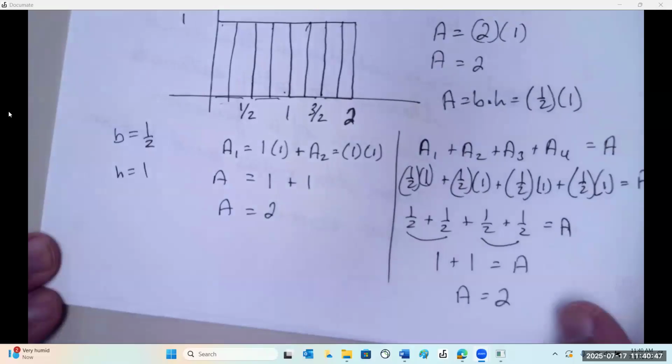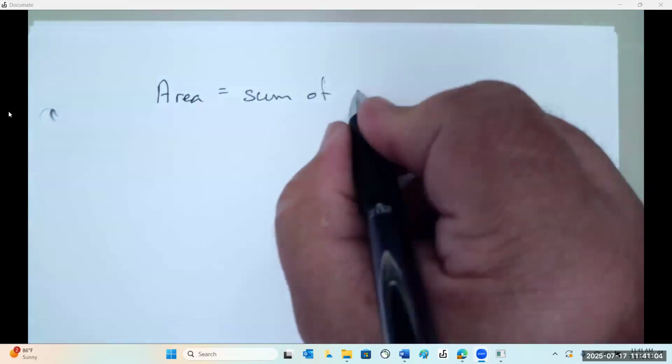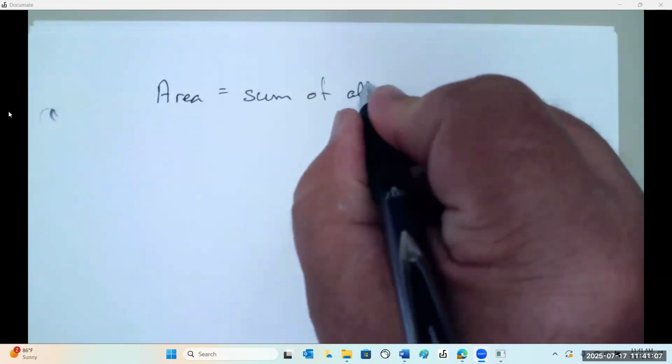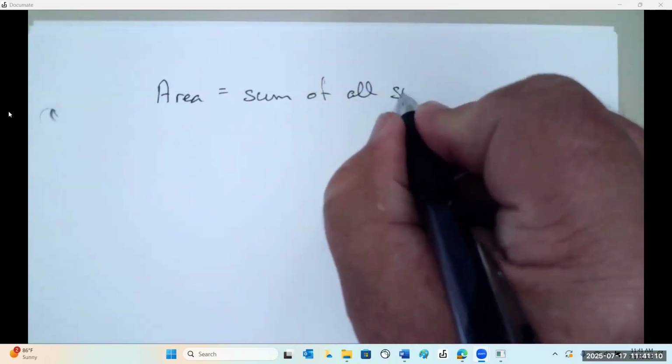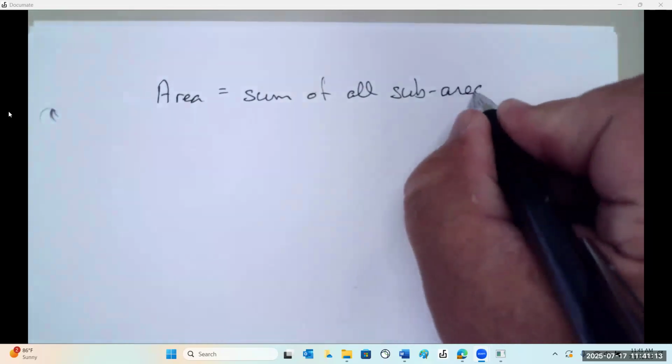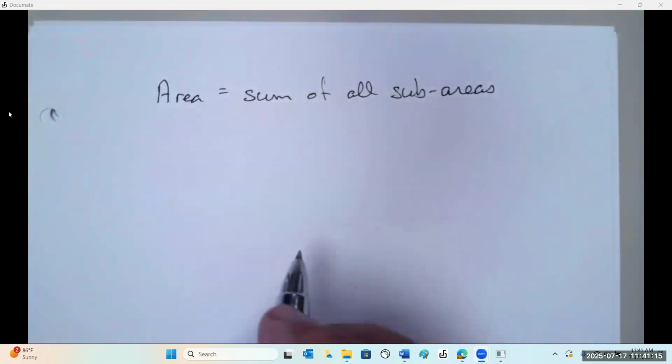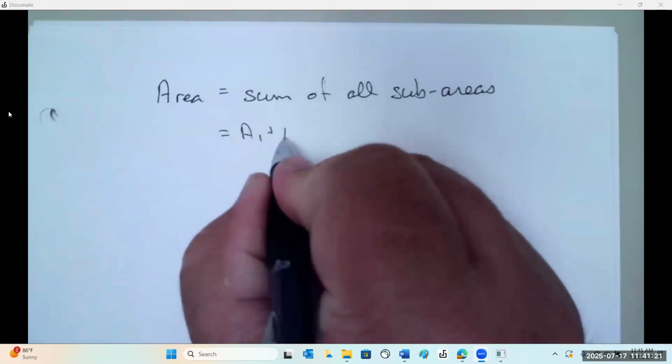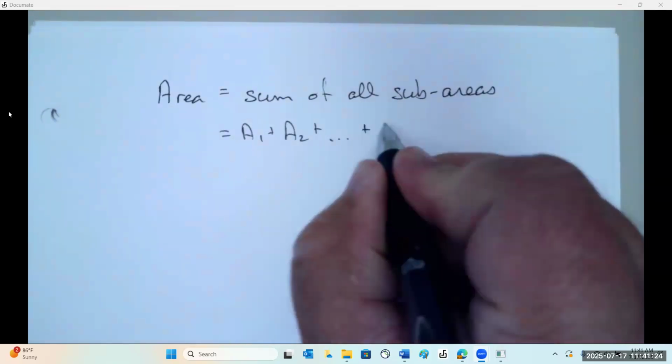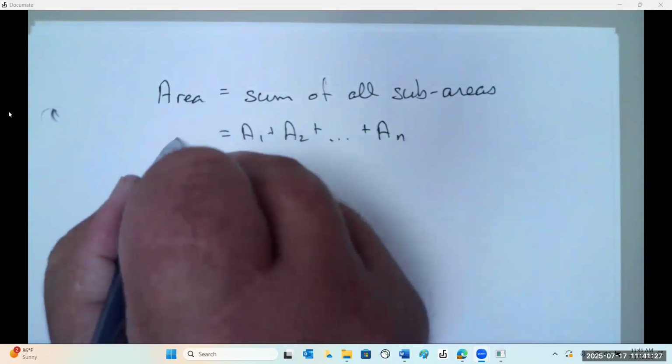So what we're looking at here is this. The area is the sum of all, I'll call them subareas. So it's area 1 plus area 2, dot, dot, dot, plus area n, depending on how many we have.